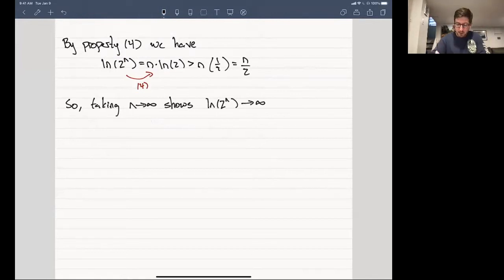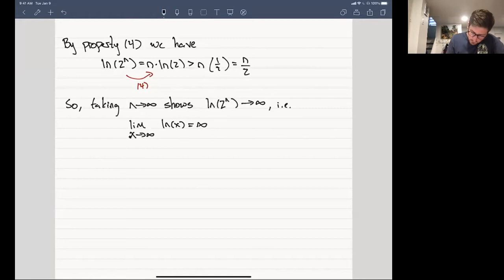Why? Because it's bigger than something that's going to infinity. It's pushing us up. So that's interesting, right? This essentially tells me that the limit as x goes to infinity of ln of x is equal to infinity.